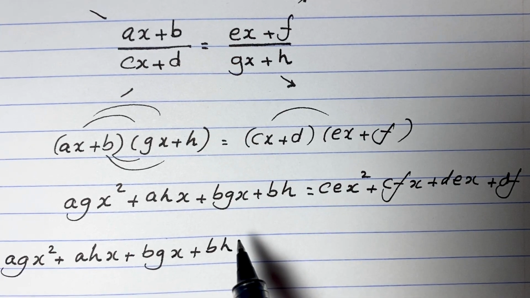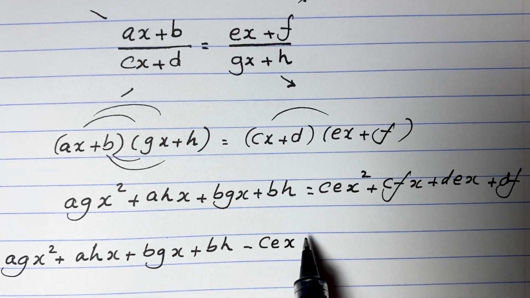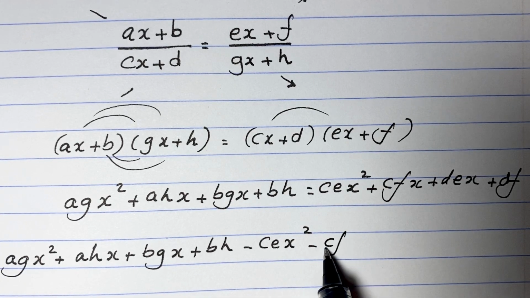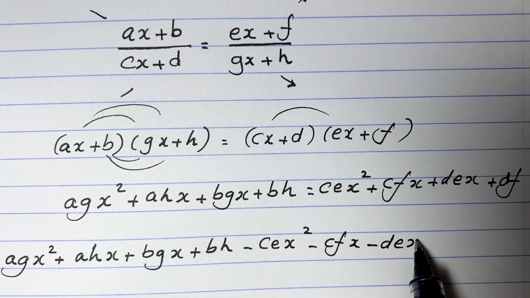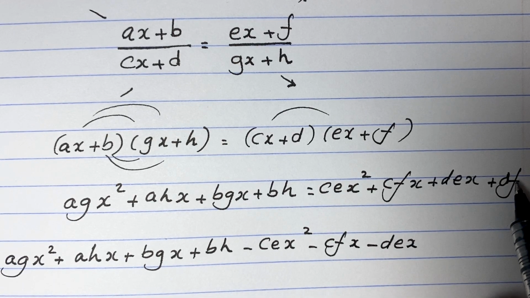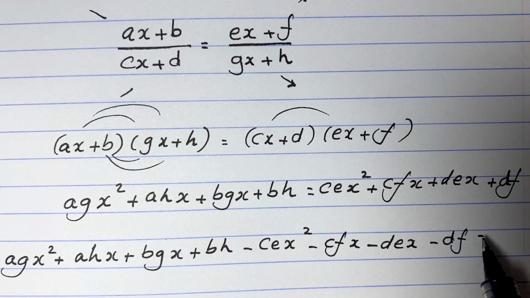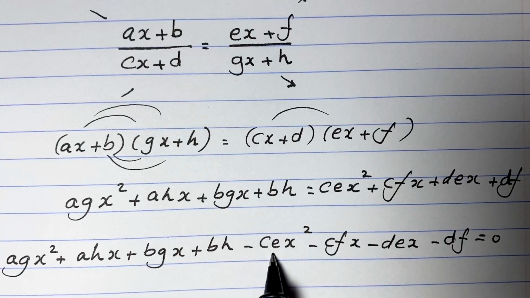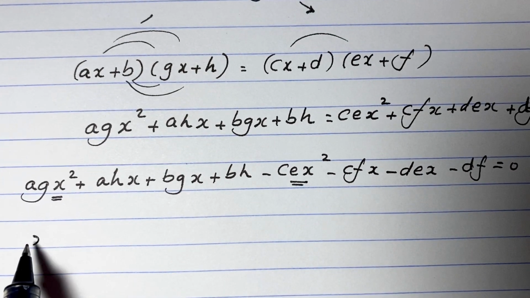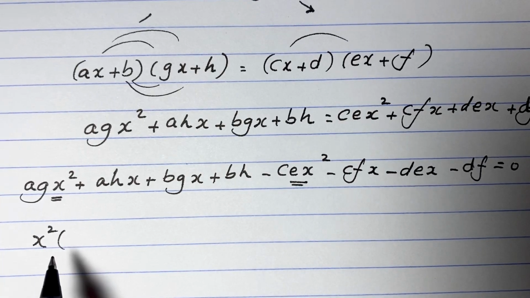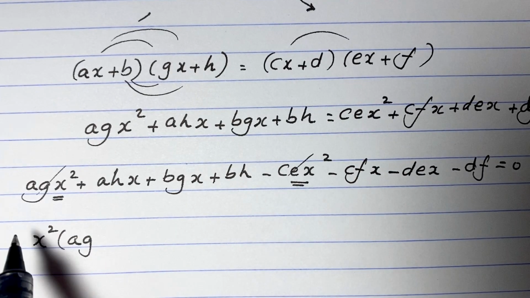Changing side and changing sign, so we have minus cex squared minus cfx minus dex and minus df equals 0. I'm going to factorize x squared. So ag minus ce.